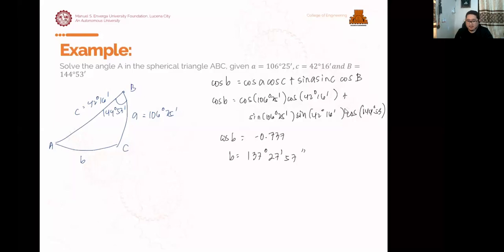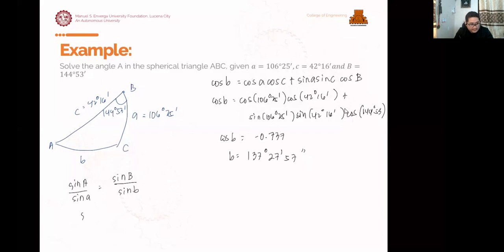Pero ngayon pwede natin gamitin si B na value. Okay? Pero try natin si sine law na gamitin natin. So we have yung sine ng A over sine ng small a is equals to sine B over sine ng small b. Okay?